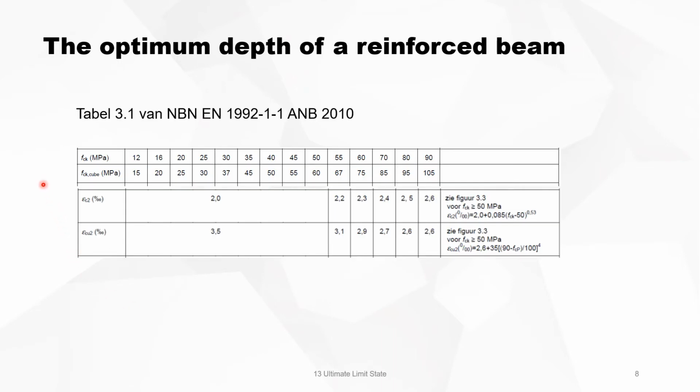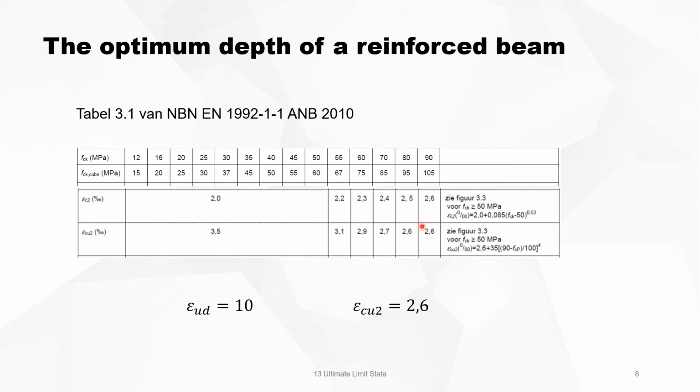Then in Eurocode 2, table 3.1, you have the different values of the strains for the concrete, and we can see in this table that epsilon Cu2, which we want for C90, is 2.6 promille, not 3.5 as for C50/60, but 2.6. Epsilon Ud, we've taken 10 promille by convention.